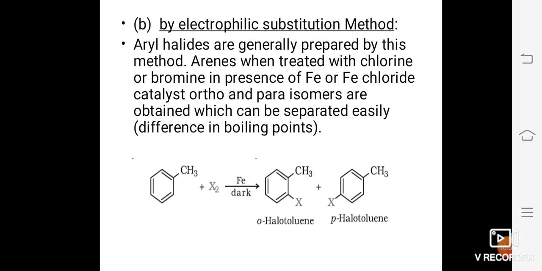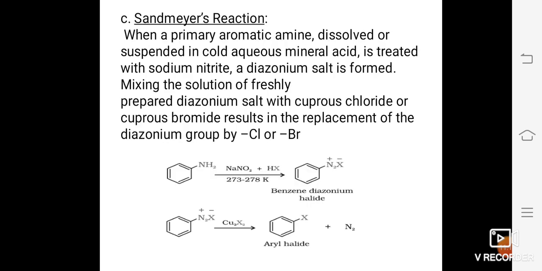The ortho isomer and the para isomer have a large difference in their boiling points, and thus they can be separated by the distillation process.